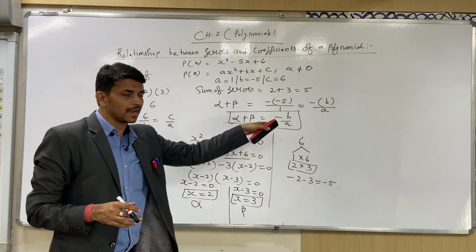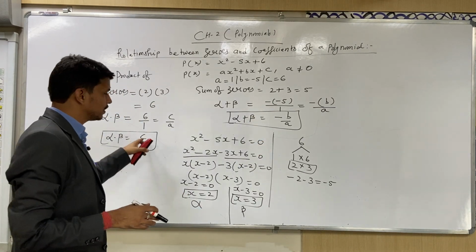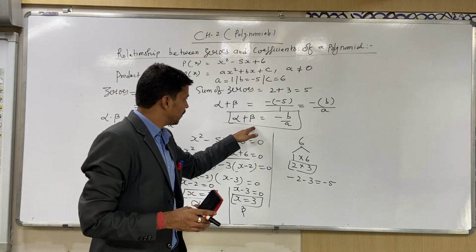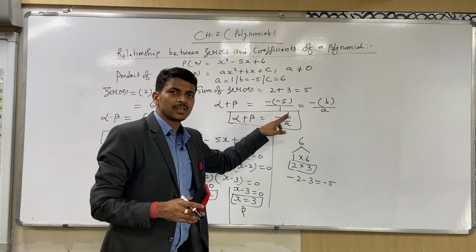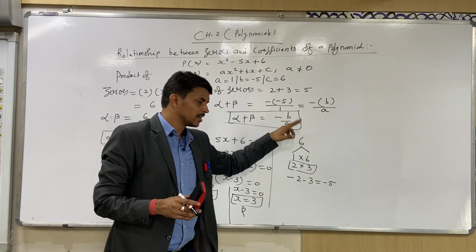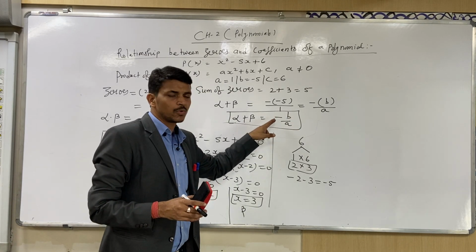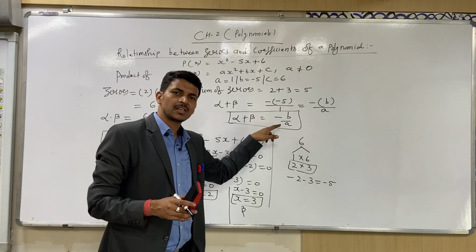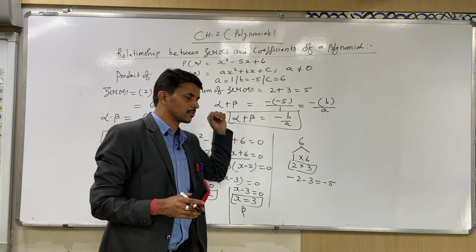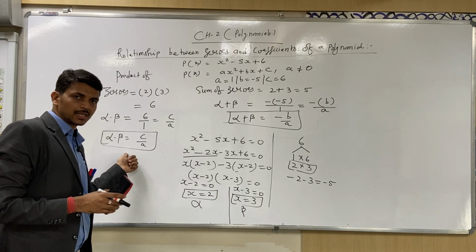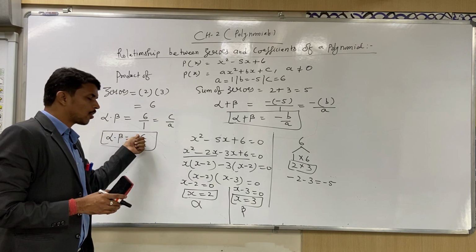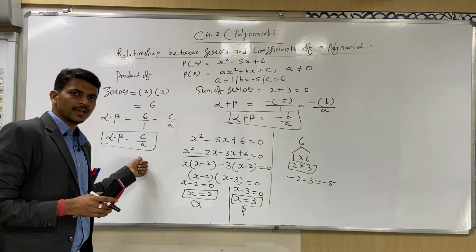Alpha plus beta is equal to minus b by a, and alpha into beta is equal to c by a. Here b means the coefficient of x and a means the coefficient of x square. So alpha plus beta is equal to minus coefficient of x divided by coefficient of x square. Same way, for the product of zeros, alpha into beta is equal to constant upon coefficient of x square.